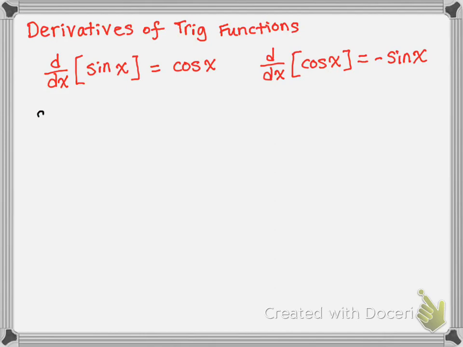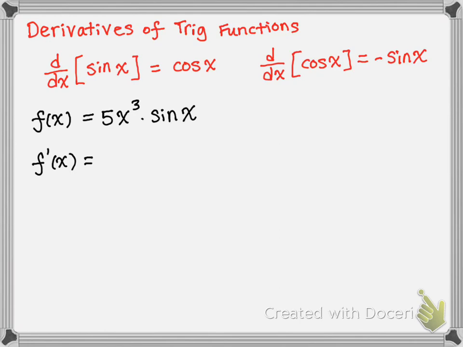So let's take a look at the function f of x equals 5x cubed times sine of x. We want to use the rules that we have learned in this course so far to find the derivative of f of x. First, we understand it's a product.